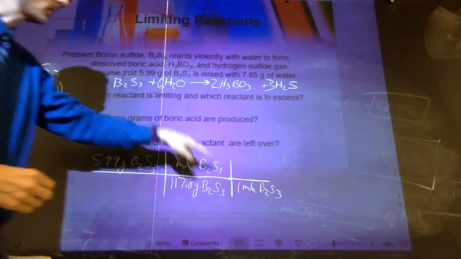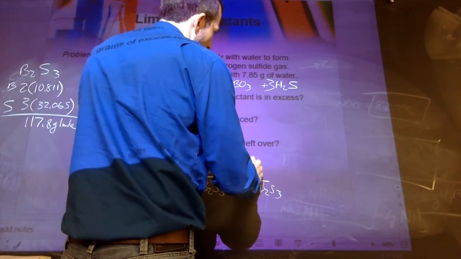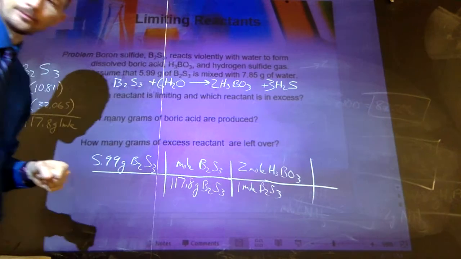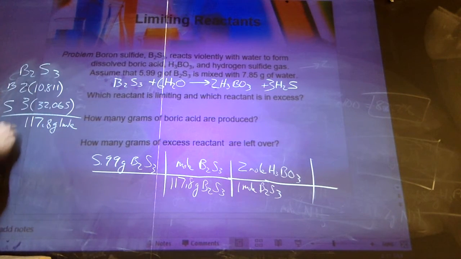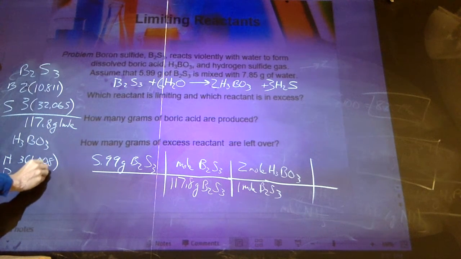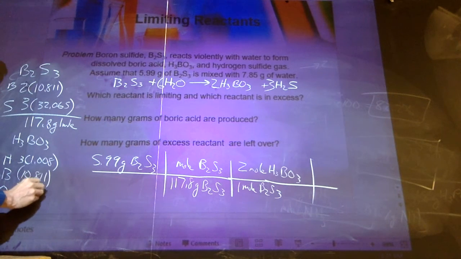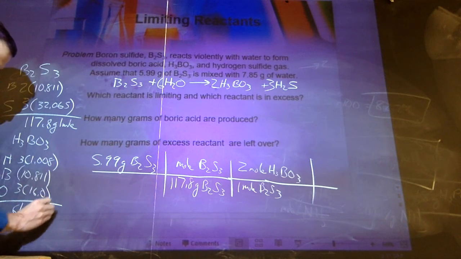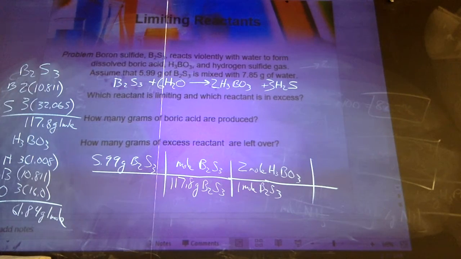So 1 mole of B2S3 makes 2 moles of boric acid. Then 61.84 grams per mole.